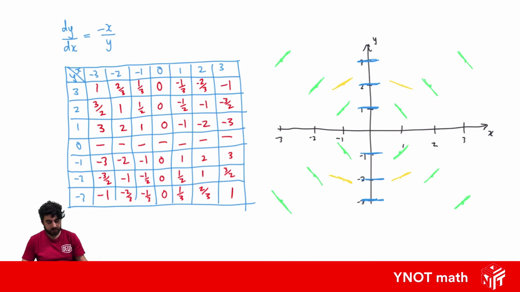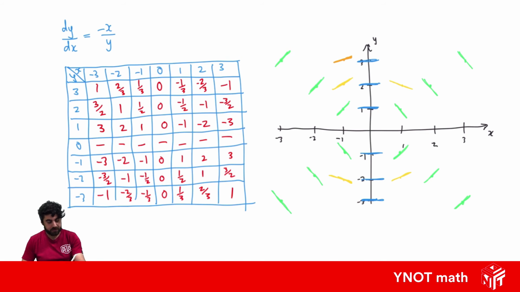Let's look at gradients of a third. So we have one at -1, 3 over here, so it's a bit flatter than the half.